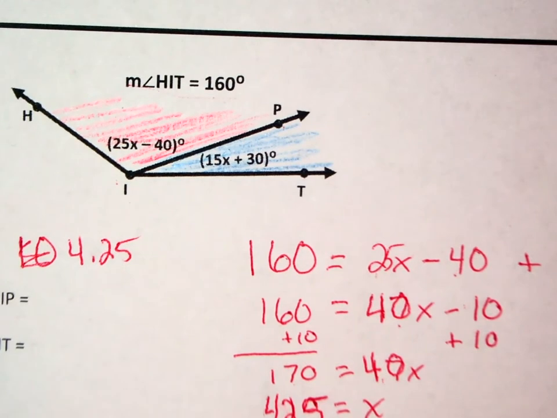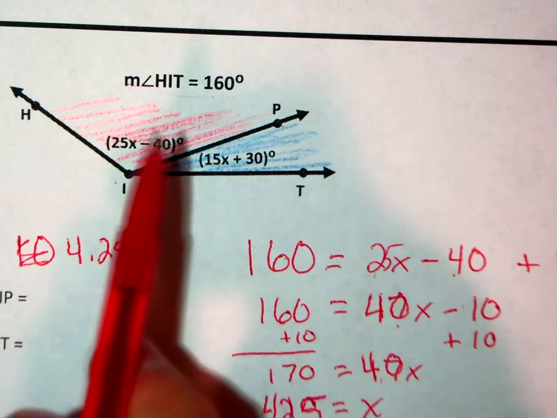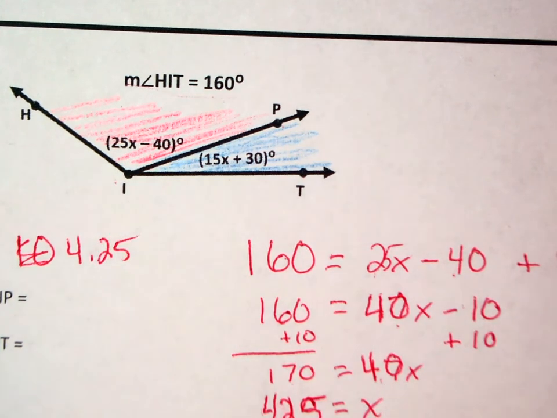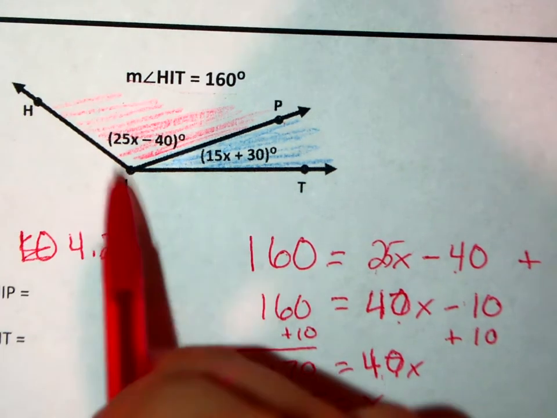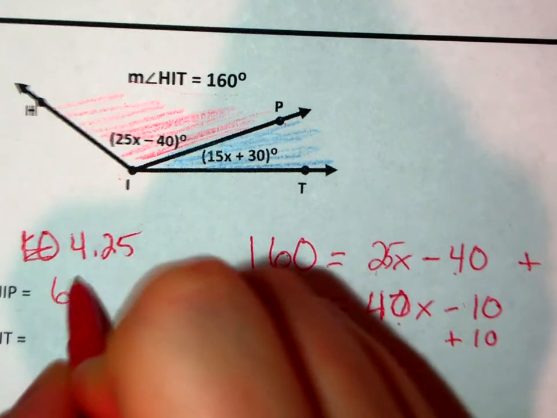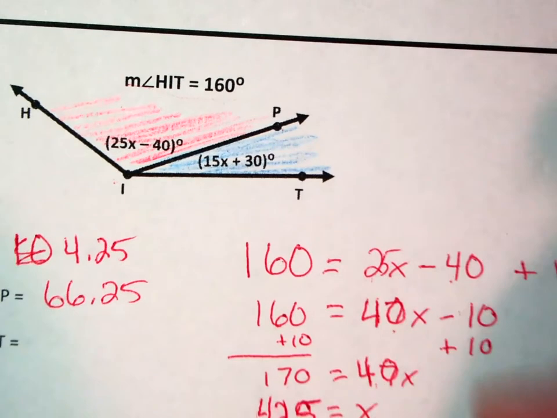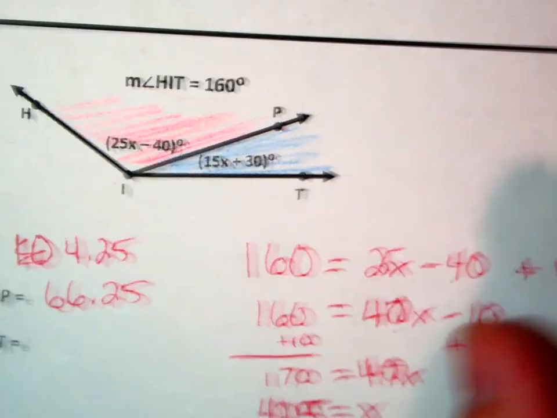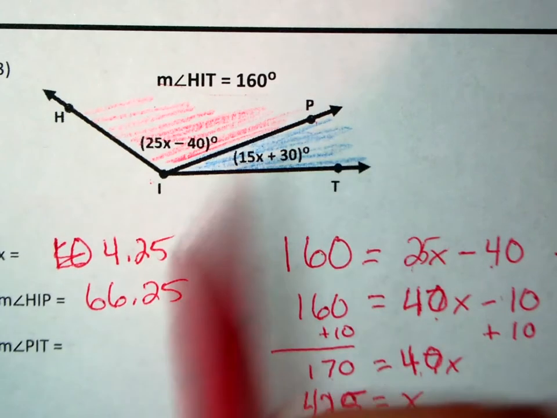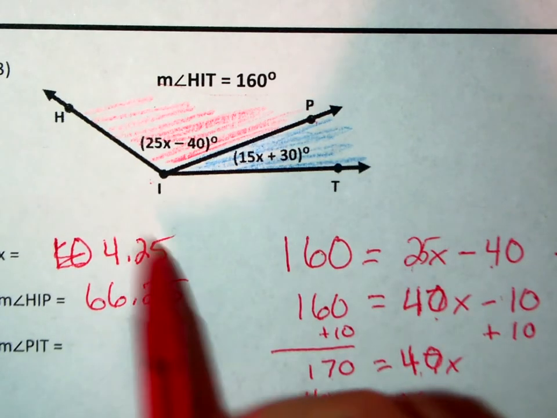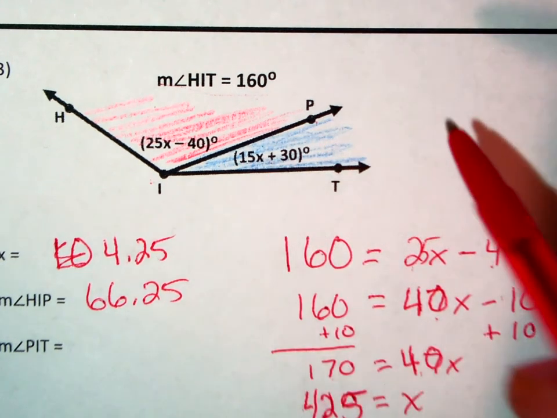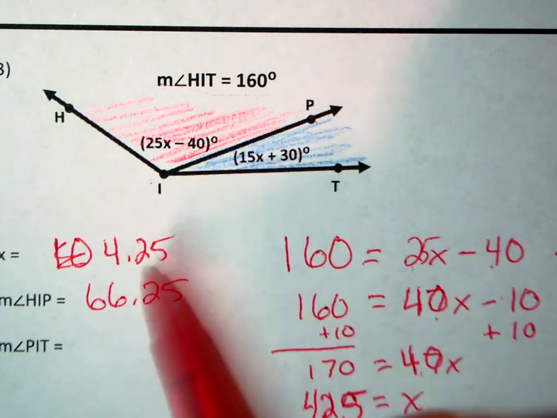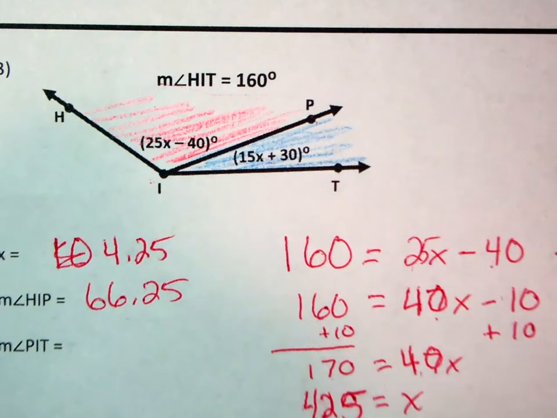Now with the 4.25, I can plug that into either one of my expressions. So 25 times 4.25 minus 40 is going to give me an HIP angle of 66.25. Now I have one of two options at this point. I can either plug my 4.25 into the second expression, or I can subtract 66.25 from the 160.